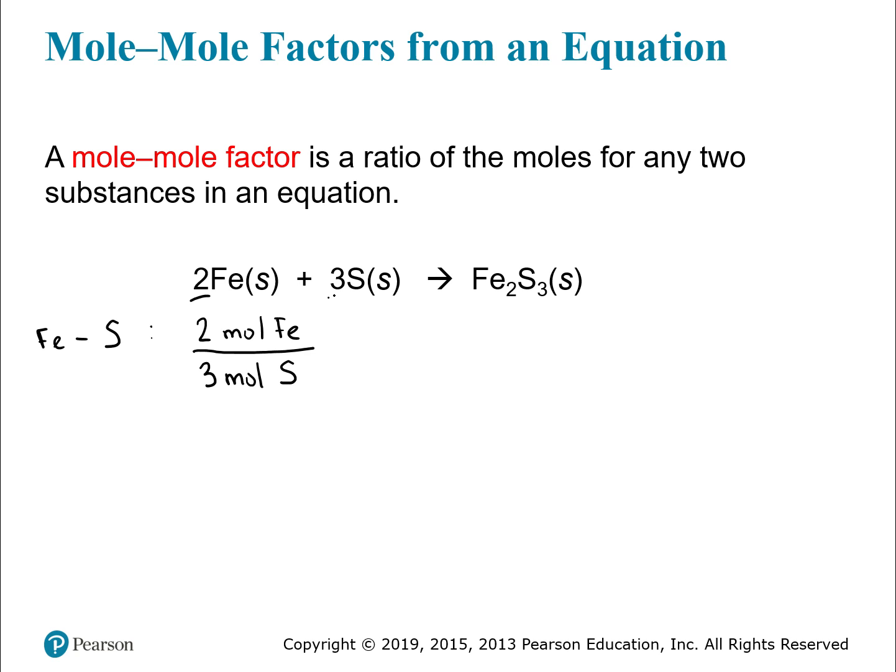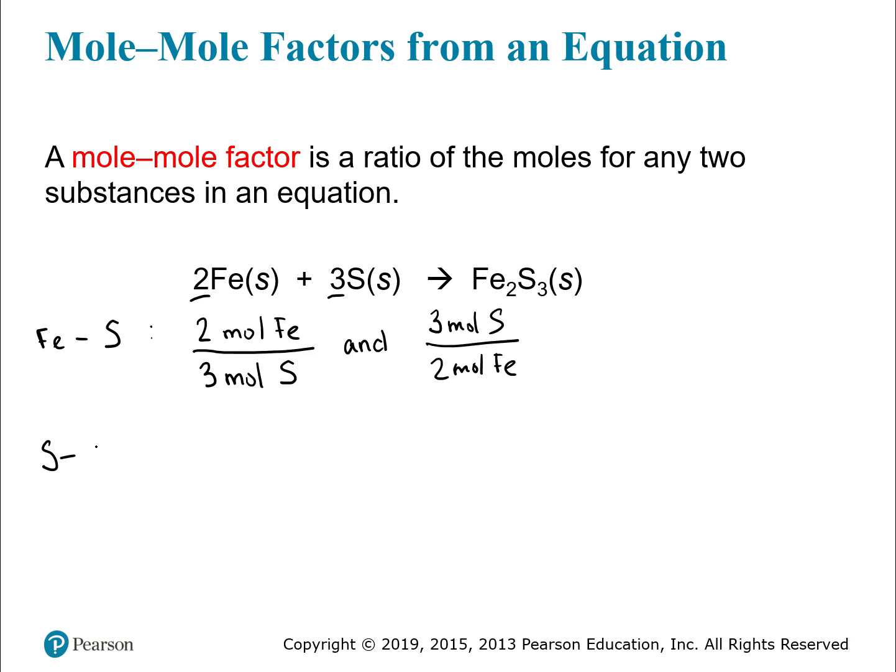We're just looking at what the chemical equation says and writing it as a fraction. You don't have to create anything. You can also write the reciprocal. And those are the 2 mole-mole factors for the ratio between iron and sulfur.